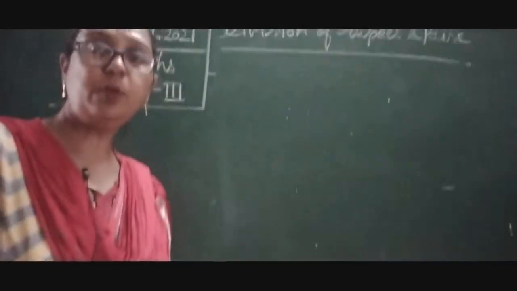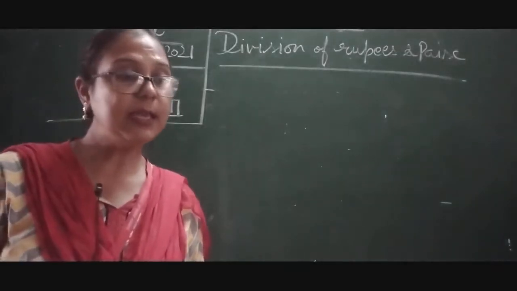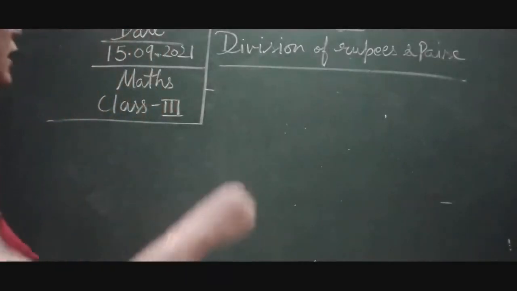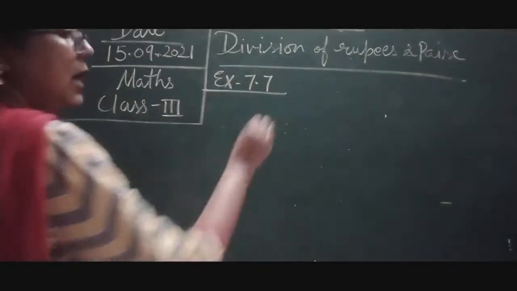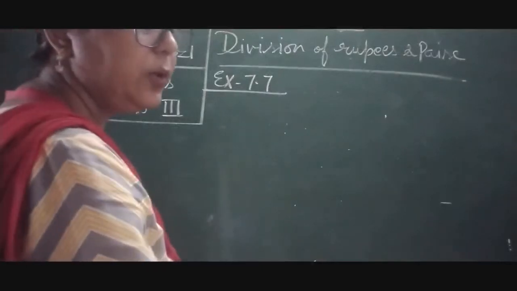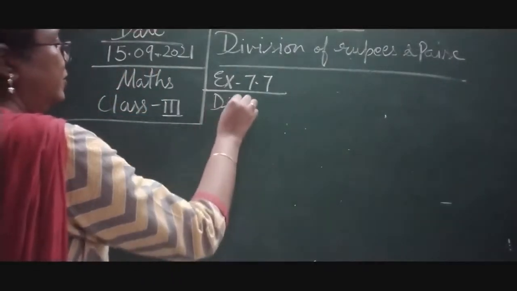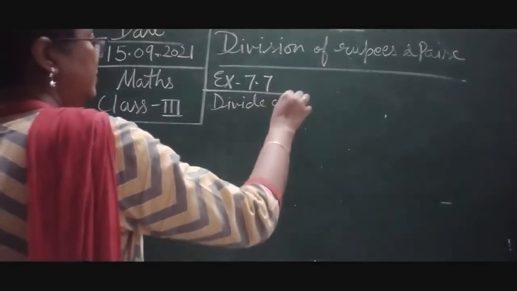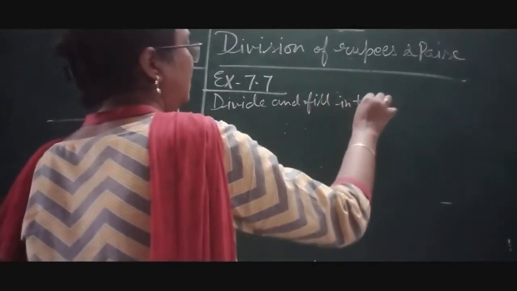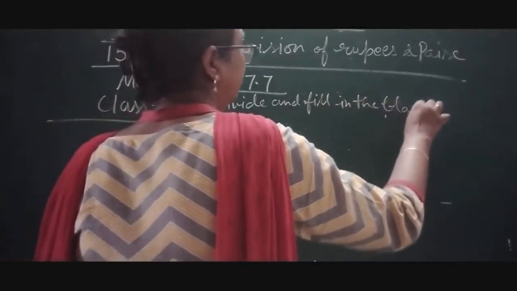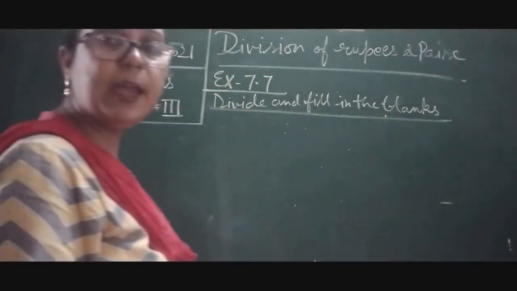So children, take out your book and we are going to start exercise number 7.7. Here you can see: divide and fill in the blanks, children.